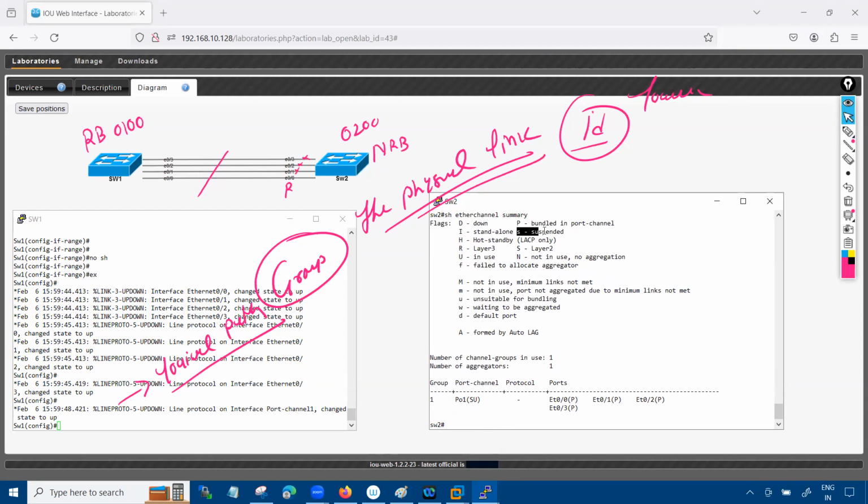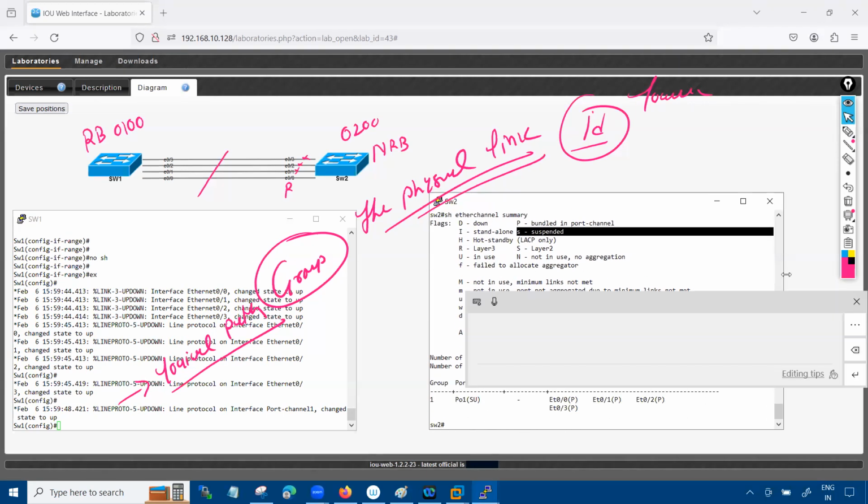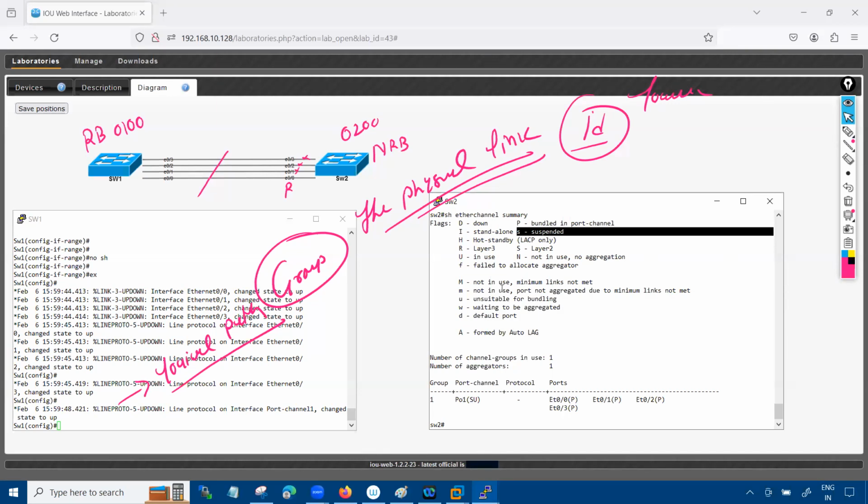The small s means suspended, and the capital S means Layer 2, in use. So my EtherChannel is working fine.